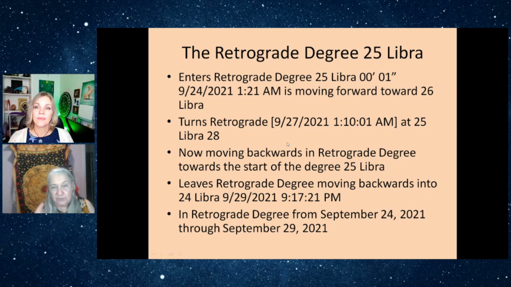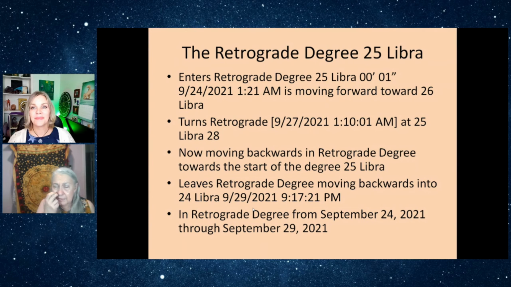It leaves that retrograde degree on the 29th of Libra at 9:17:21 p.m. Mercury normally goes through a degree when it's at full speed in less than a day. Right. When it turns retrograde, it spends 5 days in the same degree. It doesn't even cover the whole degree.